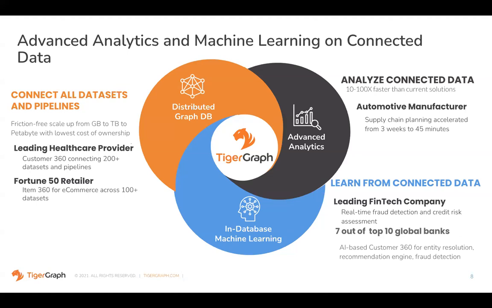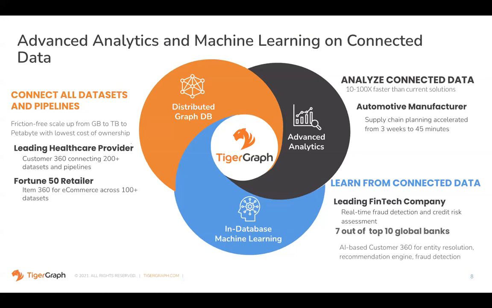And they're able to blend data and be able to do a real-time customer 360 application that serves millions of users. And also we have a Fortune 50 retailer who's been able to build a customer 360 solution that basically blends more than 100 data sets. So one of the key aspects that we want to emphasize from the TigerGraph perspective is the ability to connect all data sets, which is what the current topic of the Snowflake connector kind of addresses.